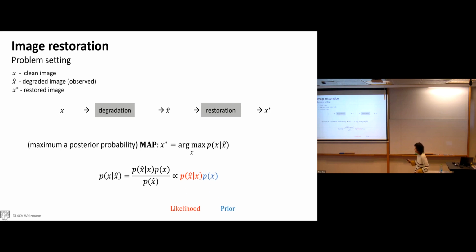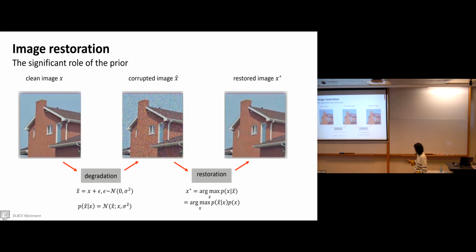Okay, so let's take an example in order to explain how the role of the prior is very significant. Let's say that this is the clean image, and the only thing that I know is that it was degraded by some normal distribution. I don't know the added noise.